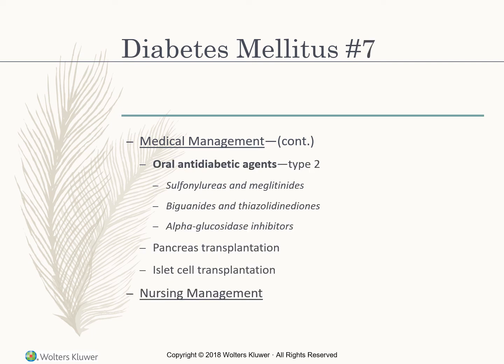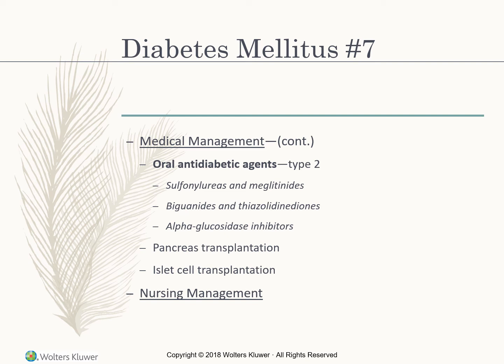So let's talk about oral anti-diabetic agents. Sulfonylureas such as glyburide and glipizide were modified from sulfa-containing antibiotics when it was found that they reduce the blood glucose level. These sulfonylureas have evolved through several generations, and the meglitinides and non-sulfonylureas such as repaglinide are often described as being insulin releasers because they stimulate the pancreas to secrete more insulin.